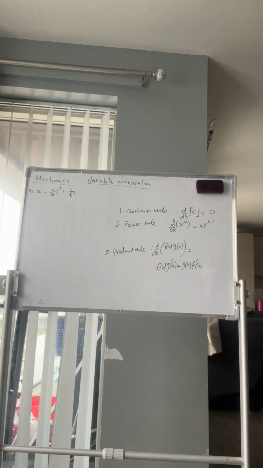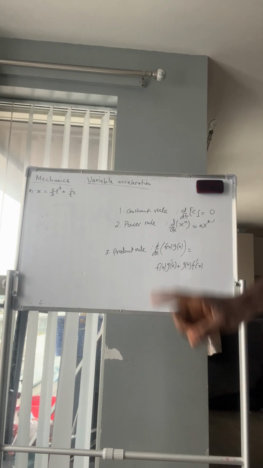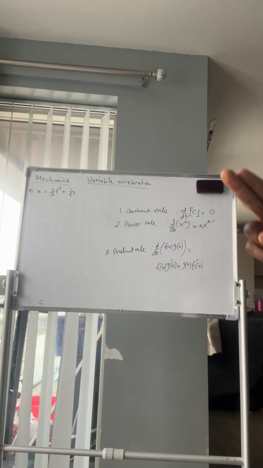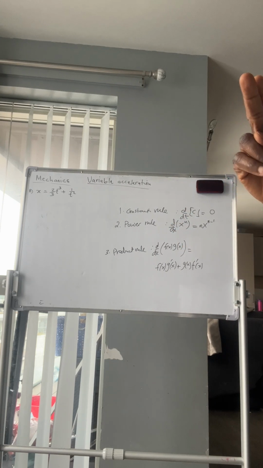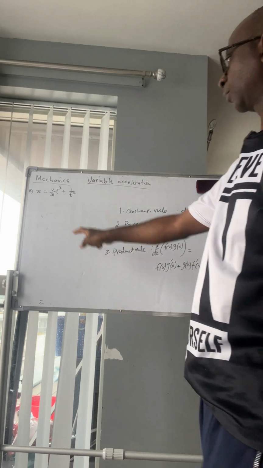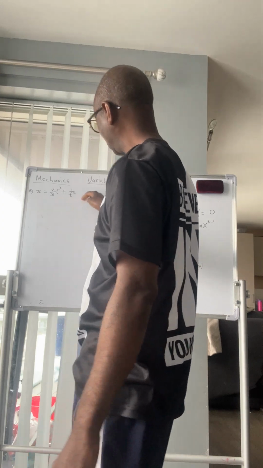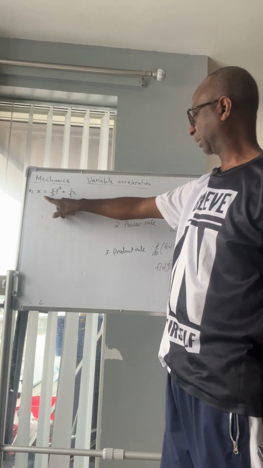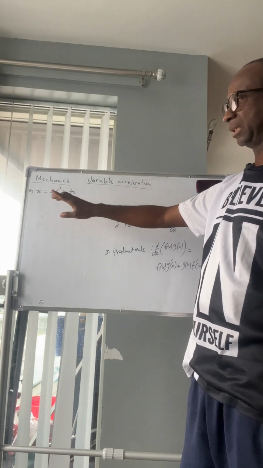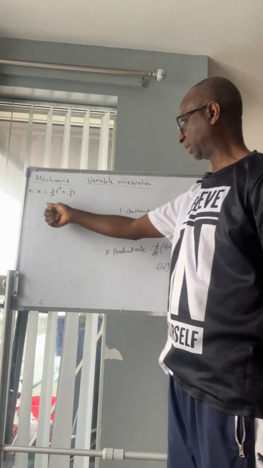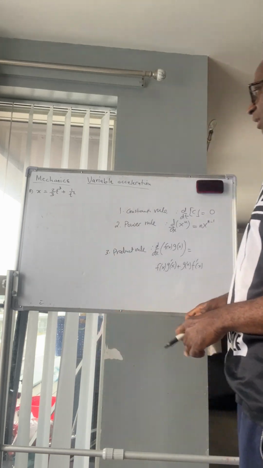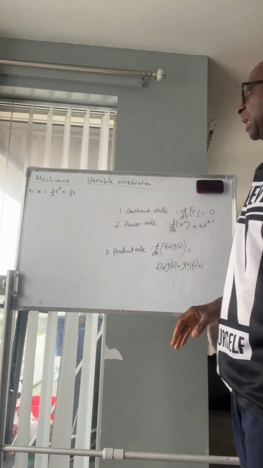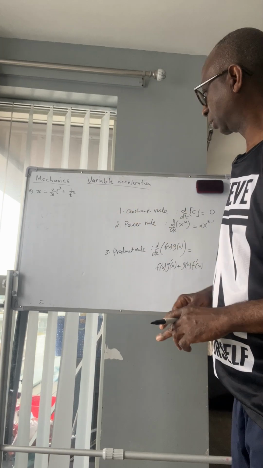The question reads, find an expression for 1, velocity, and 2, acceleration of a particle, given that the displacement is given by, so in other words, this is the displacement of this particle. Displacement here is being denoted by x. Sometimes you see s. In this case, it's x. That's the displacement. And we're asked to find the velocity and acceleration of this particle.